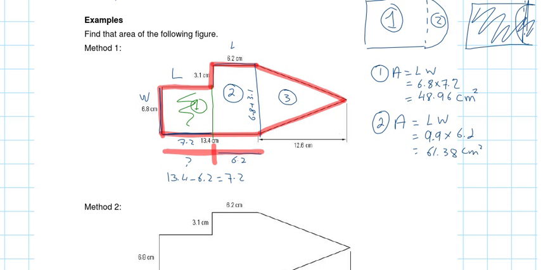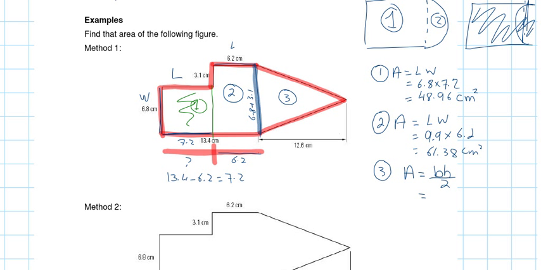For the third one, what do I need? It's a triangle. We know the base. What's the formula? Area is base times height divided by 2. So, my base is this, right?